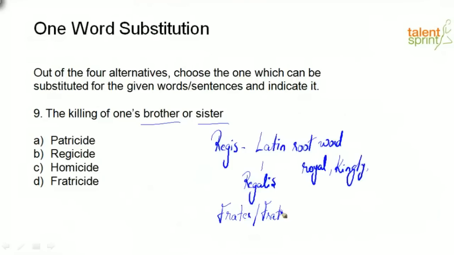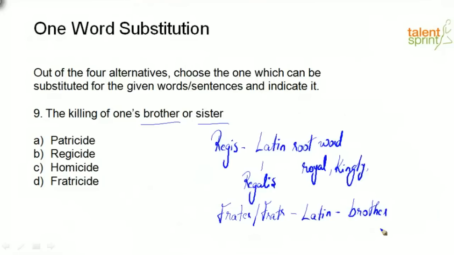The root of this word again is Latin, right? It means brother. So other words that you could be familiar with are fraternal, fraternity. So fraternity is nothing but the quality or condition of being brothers, brotherliness. Or it could also mean just a body of people united in interests, right?